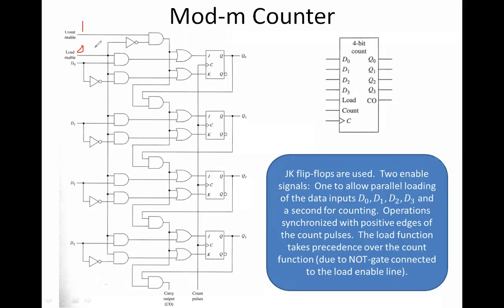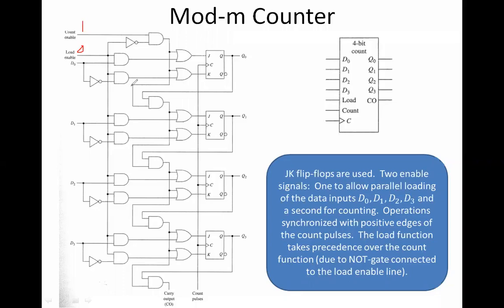If load happens, then count wouldn't happen. So initially we will load the values to D0, D1, D2, D3, which means count will be 0 initially, and then load will be 1. So these values get inside, and then the values get computed.